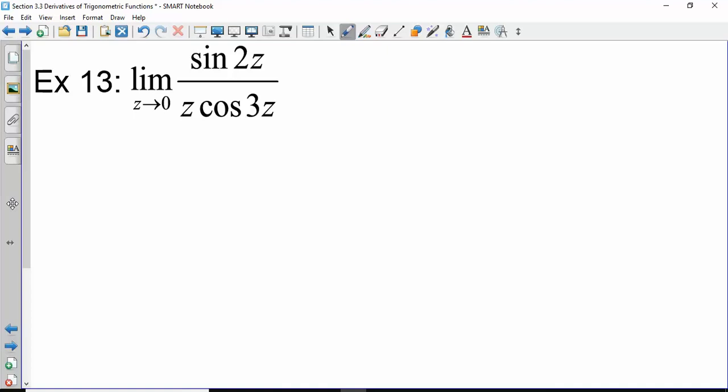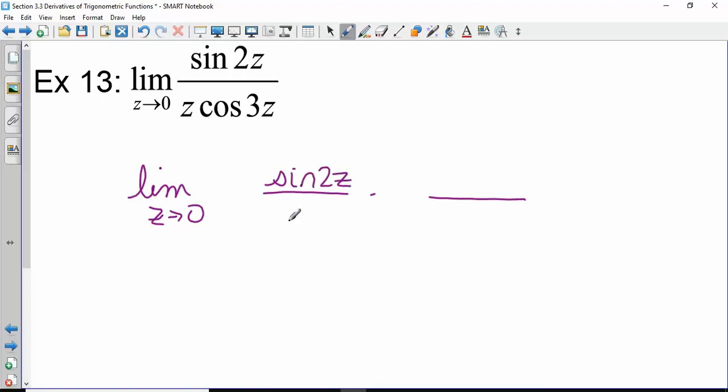What did we do there? Split them up. Cosine, let's split them up. We don't want that cosine, so we're just going to pull it over into its own fraction. So we have the sine 2z. Do we want the z to stay with the sine? Yeah, because my goal is to get sine 2z over 2z. And then my cosine 3z would just come over here.